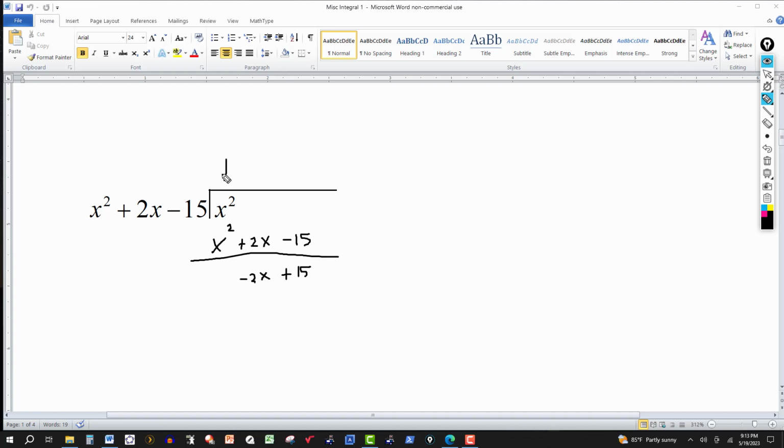So the answer is going to be 1 plus the remainder, which is minus 2x plus 15, over the divisor x squared plus 2x minus 15. So this then would replace the integral we started off with, and then we take it from there. So let me just go ahead and clear this for now.